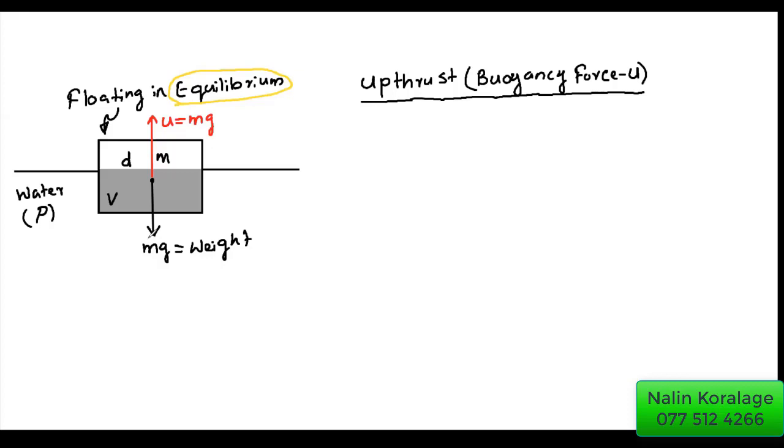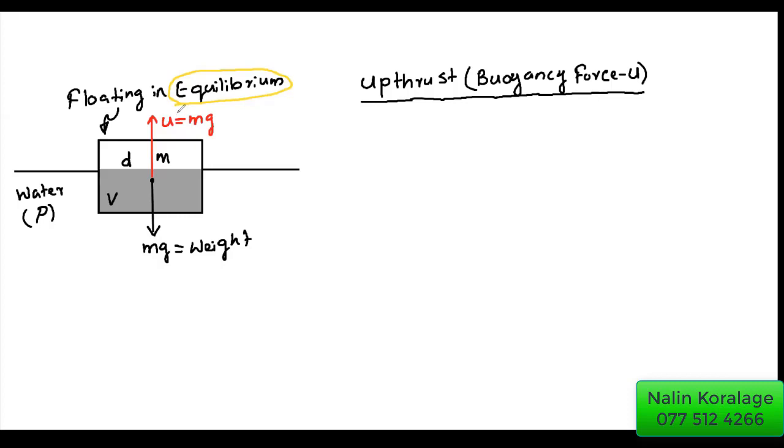Meaning, it's not downwards, it's up. The force is the one which is called up thrust. That's the idea. So therefore, up thrust or the buoyancy force is always something which is vertically upwards.